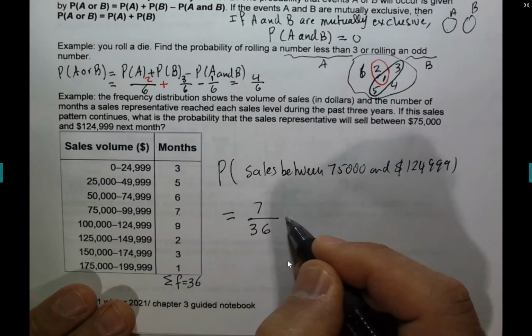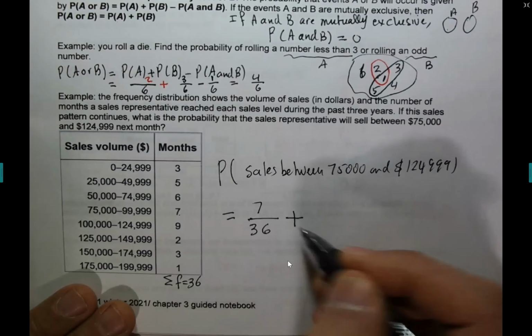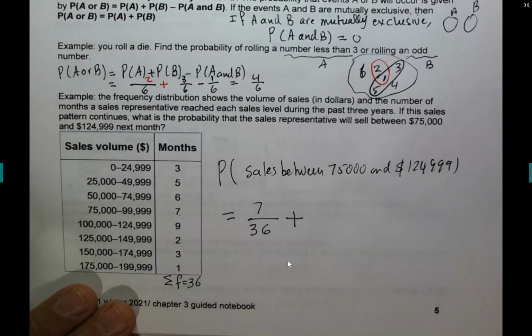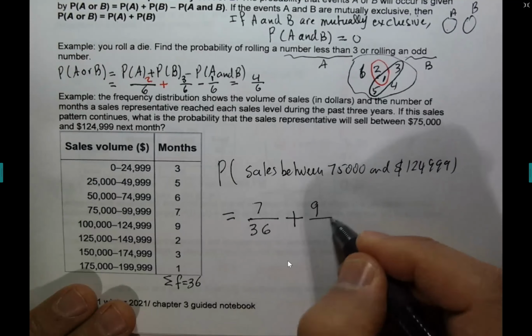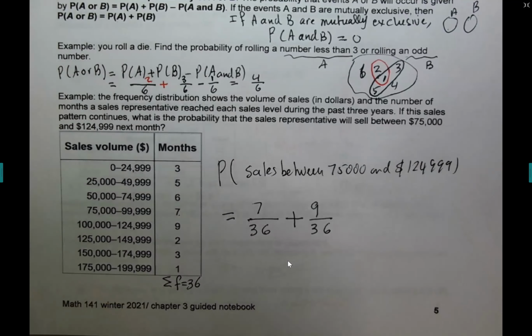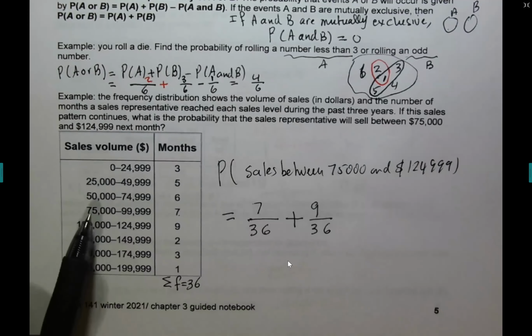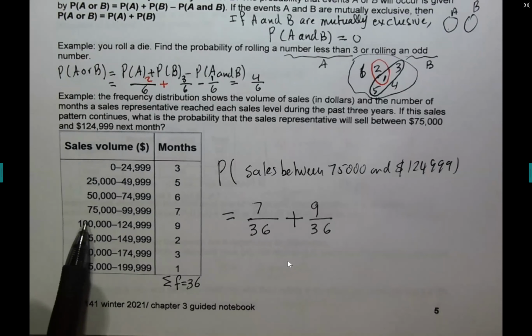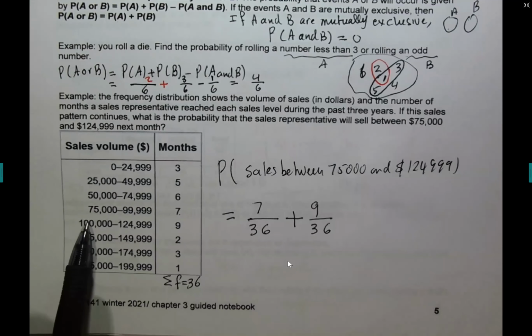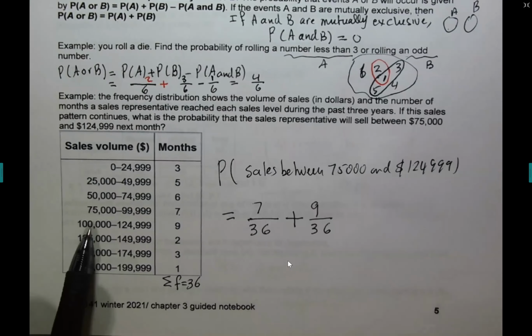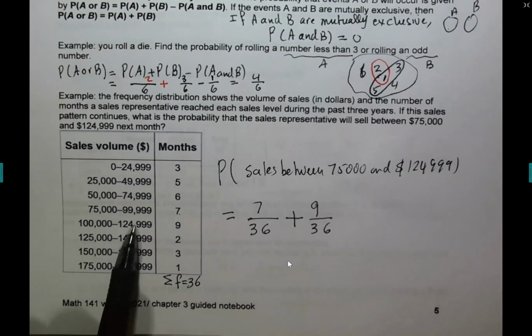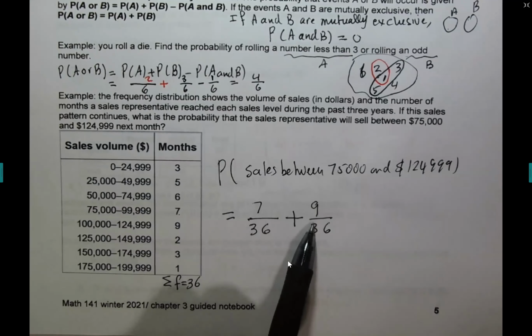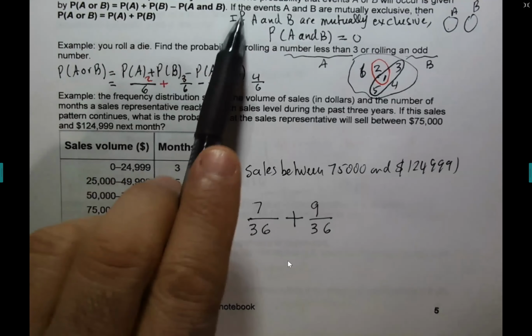Or, and what's or? What's the symbol for or? It's addition. 9 over 36. And if you ask me where I got them, guys, your sales could be from 75,000 to 99,000, or they could be from 100. And see, when I say the word or, it's a plus. Between 100,000 and 124,999. Now, probably, guys, you'll ask me, where's the minus?